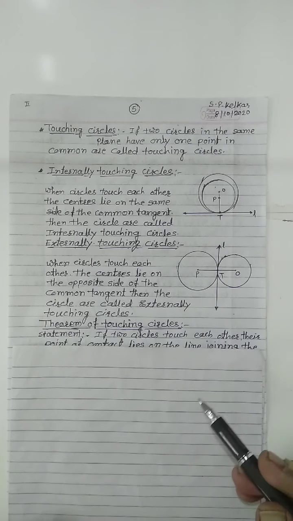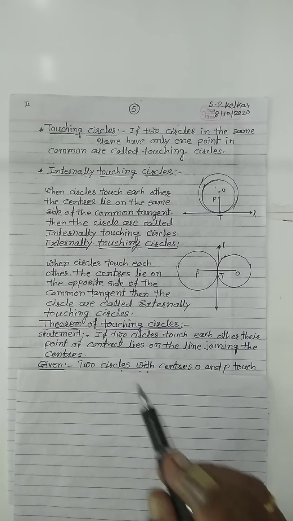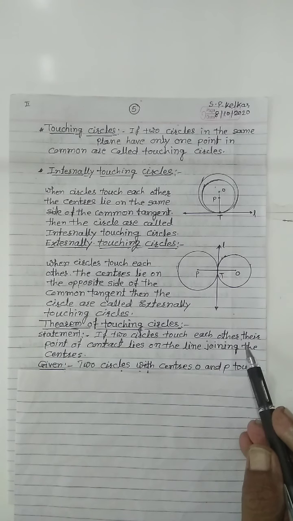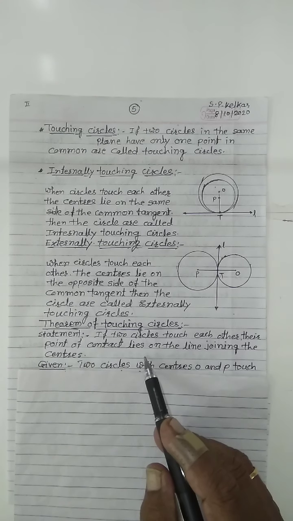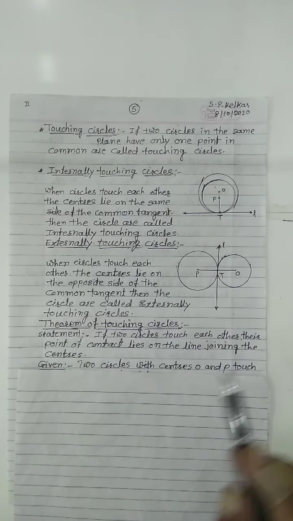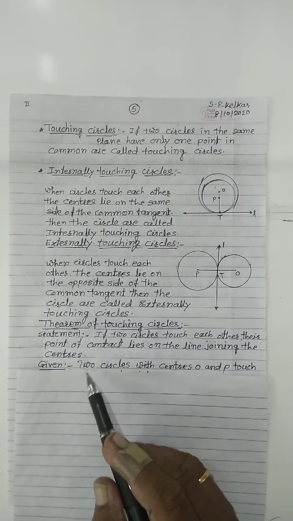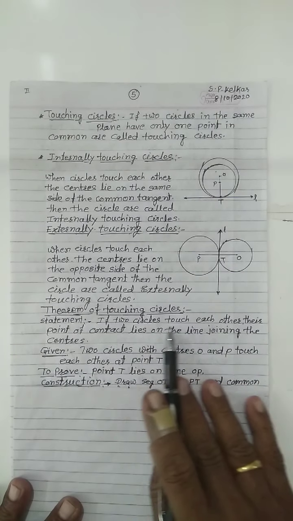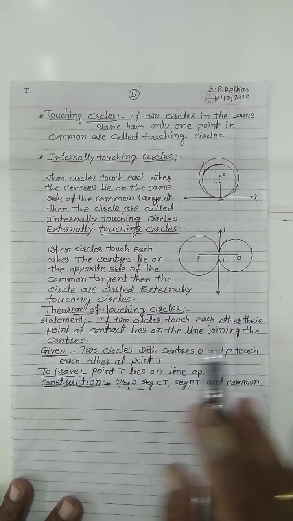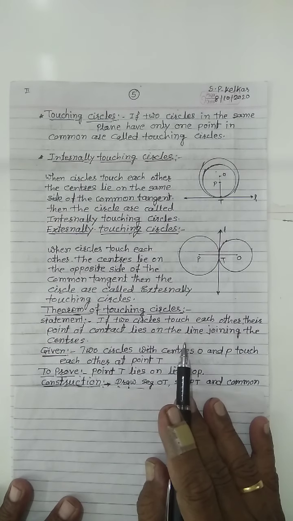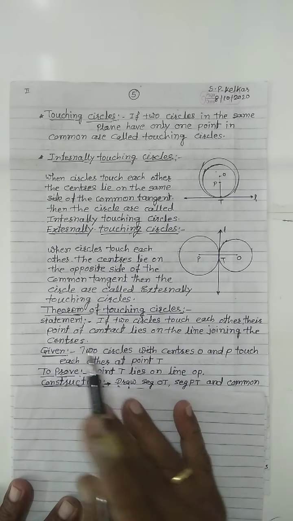Theorem of touching circles. Statement: if two circles touch each other, their point of contact lies on the line joining the centers. It means that if two circles touch each other, their point of contact lies on the line joining the centers.